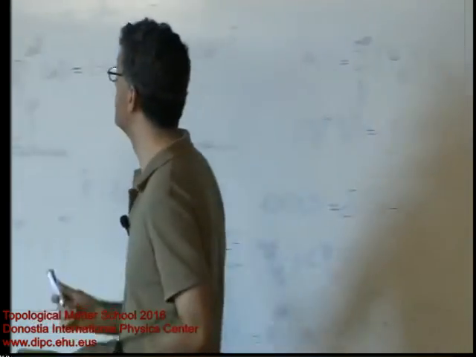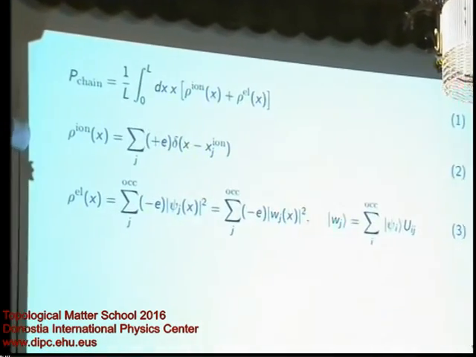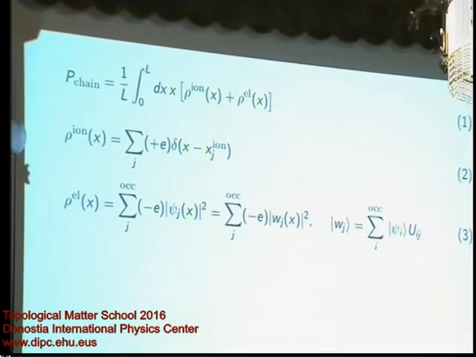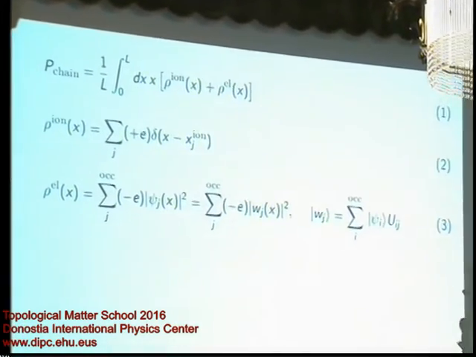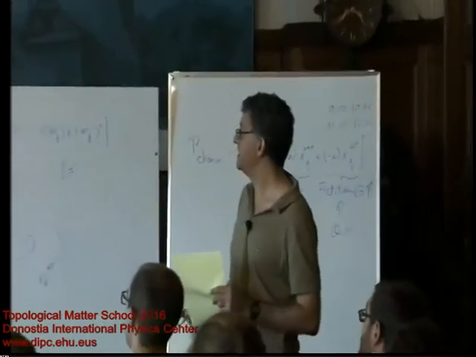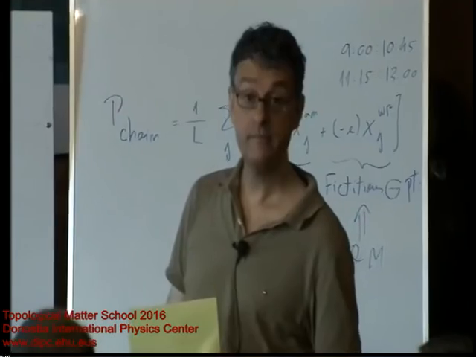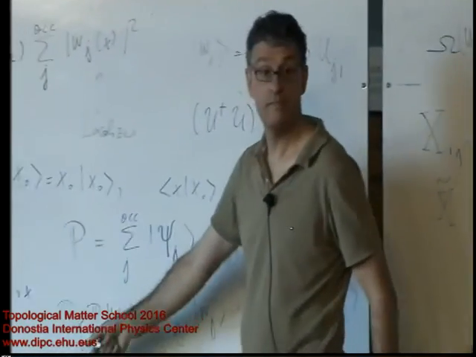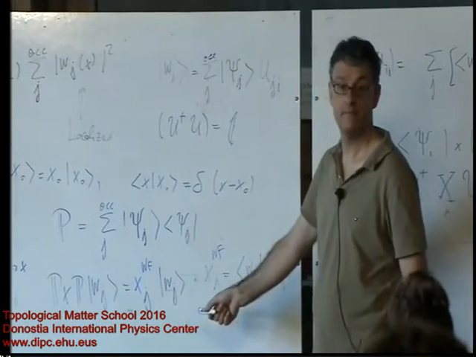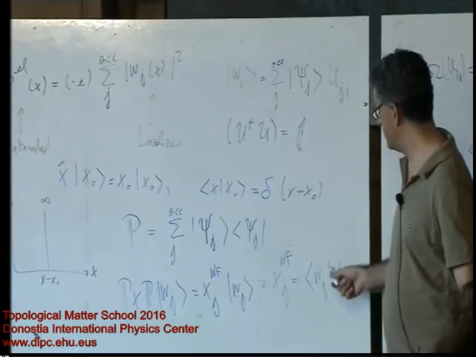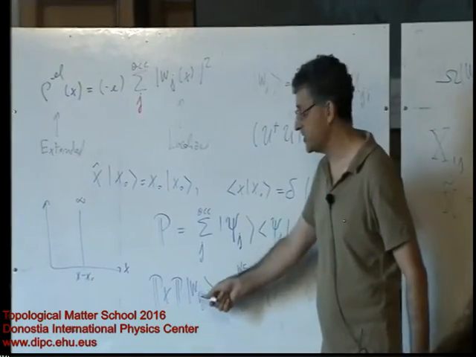So do you agree that if you plug the right-hand side there into there and you do the integral, you get that equation? Okay. Yes, please. X_j^WF is the eigenvalue of this equation, which is to say, the center of mass of the eigenfunction.